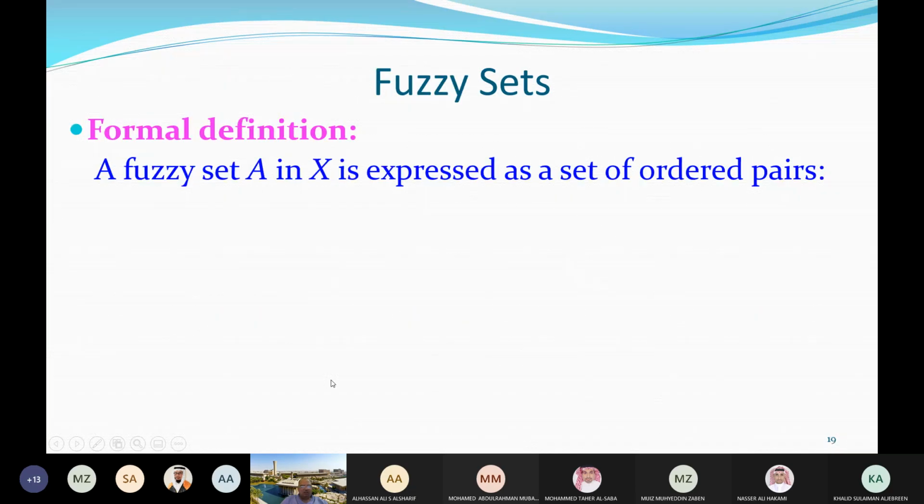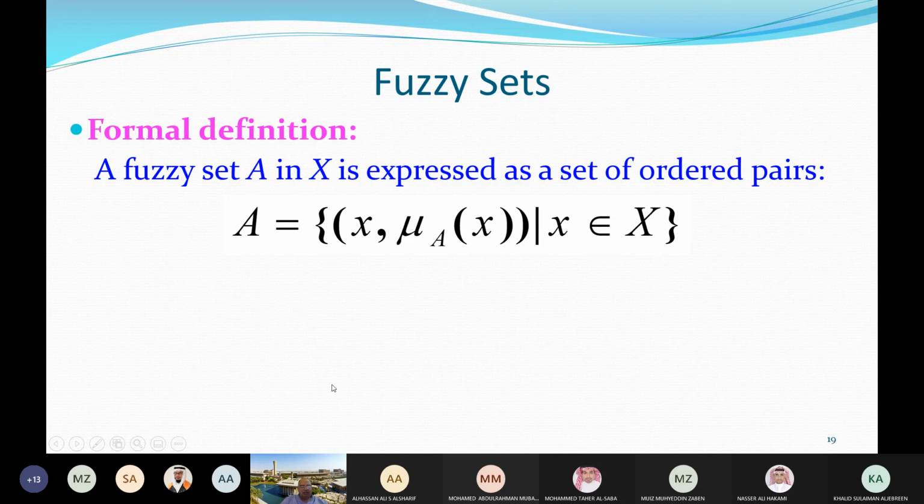But for fuzzy sets, this is the definition: a fuzzy set A is the value and the degree of membership of this value, where x belongs to the universe of discourse. So the fuzzy set is defined as a pair, not a single value: the value and the degree of membership.